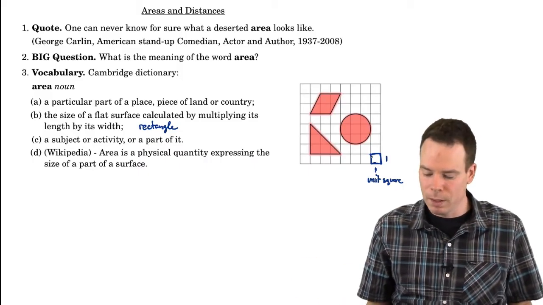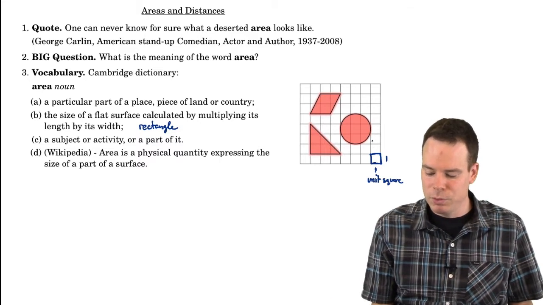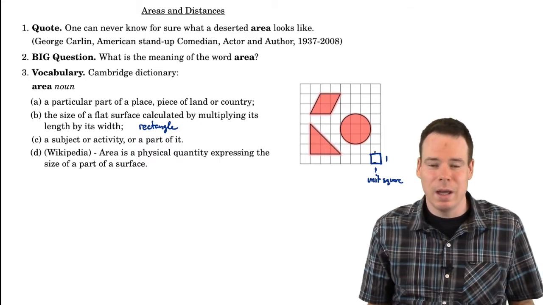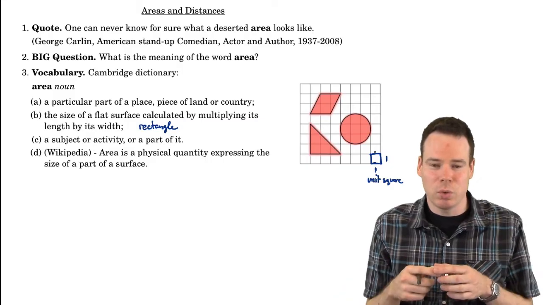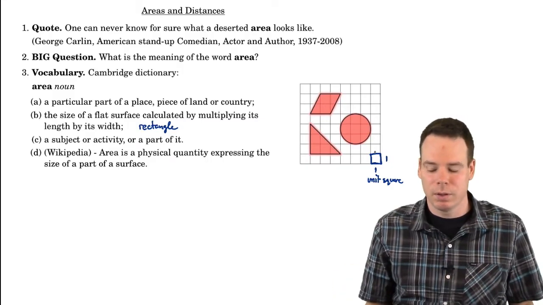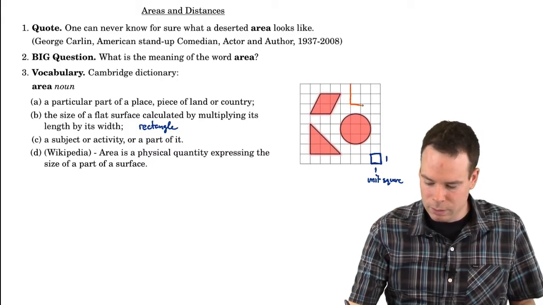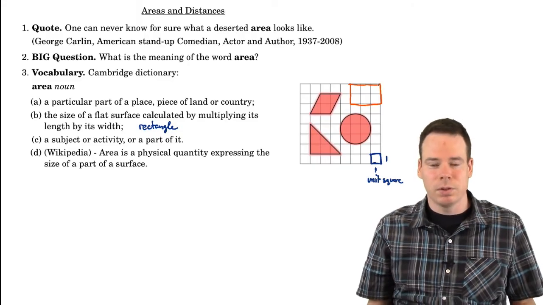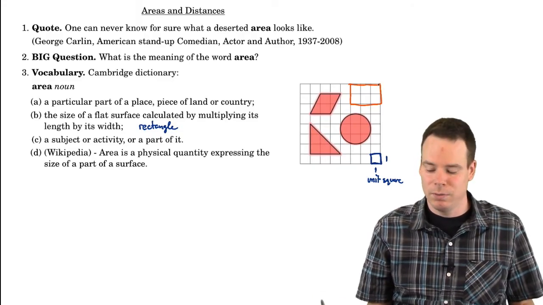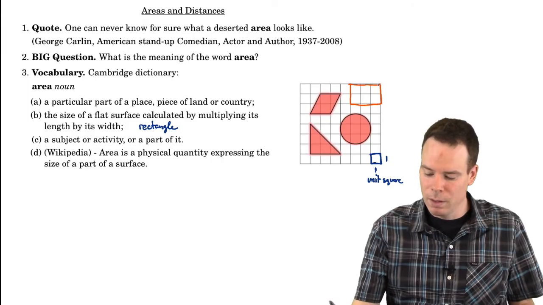whatever the units are that you're working in. And so our idea of capturing what an area is should really be how many of these unit squares does it take to fill up the region. So for example, if I'm looking at a rectangle, what is the area of this rectangle? Well, it should be how many unit squares does it take to fill up the interior of that rectangle.